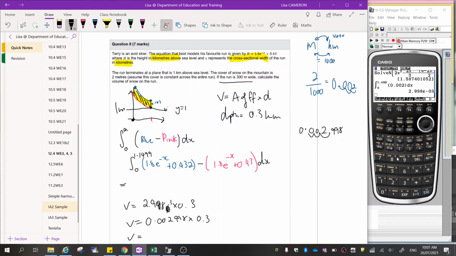So the volume is equal to 0.002998 times 0.3. Execute. And that gives you 8.994 times 10 to the power of negative 4, which I don't think is the answer.